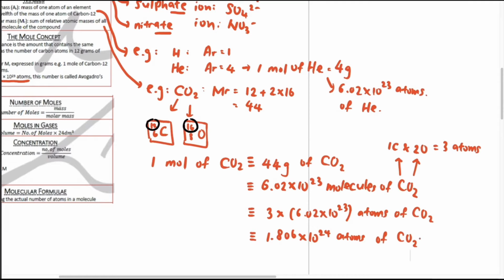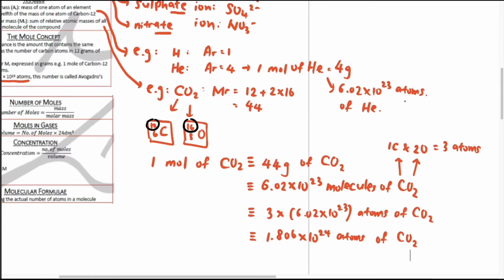So you see the situation here. 1 mole, 6.02 times 10 to the power of 23 of what? Of molecules. If this is molecule, then this is molecules here. But if this is atoms, as in here, helium is atom, then 1 mole of helium has this amount of atoms.